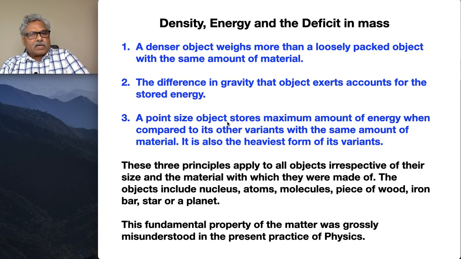A point-size object stores the maximum amount of energy when compared to its other variants with the same amount of material. It is also the heaviest form of its variants. If you keep on compressing an object down to the point level size, the density of that object increases enormously, and all the energy you apply to the object gets stored in it, because all the nucleons and everything merge into a singularity.